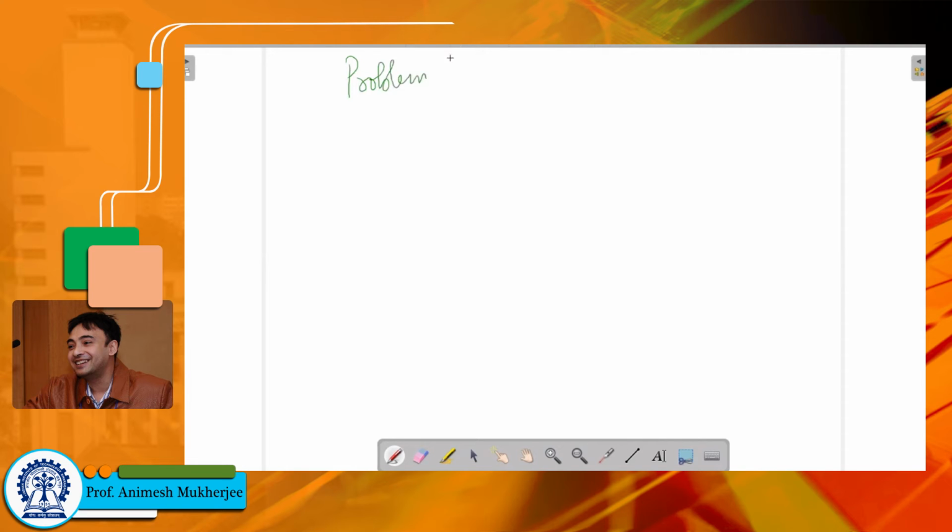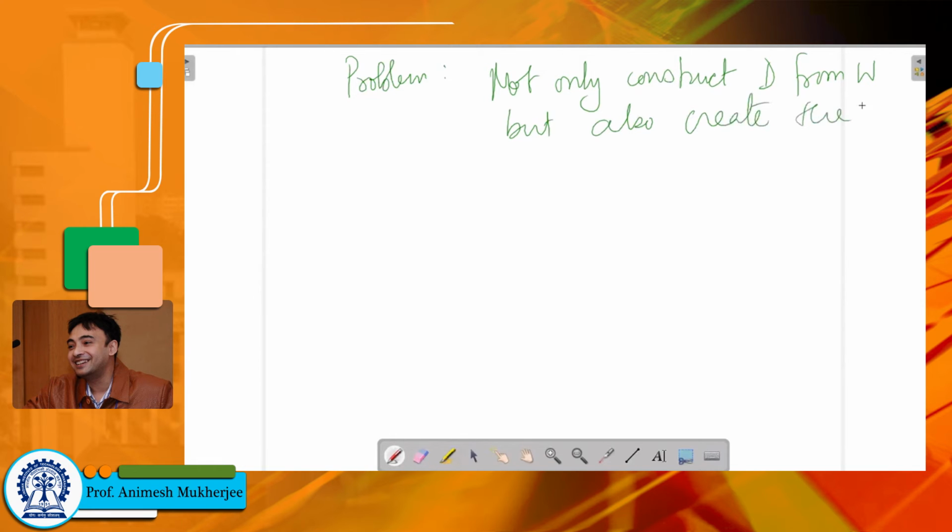We have to not only construct D from W, but also create the shortest paths.